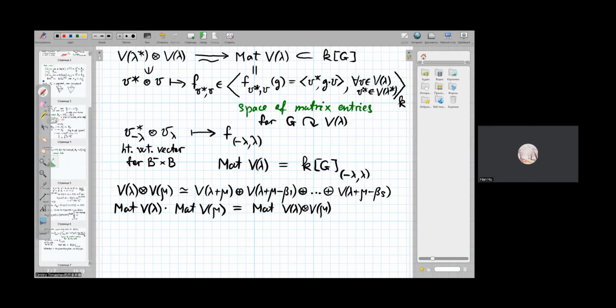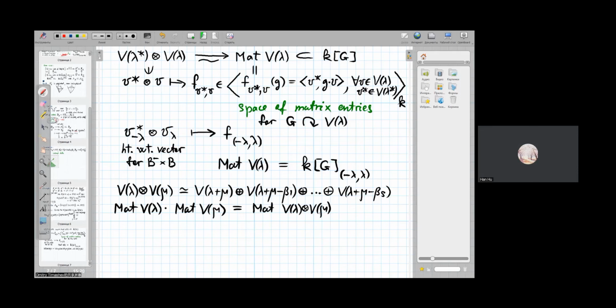Well, because when you take the tensor product of linear operators in vector spaces, the matrix entries of this tensor product operator are just products of matrix entries of the two given operators.